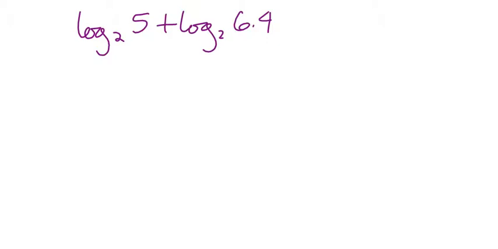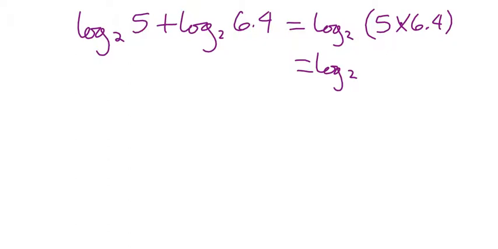But the laws of log say that this is the same as the log base 2 of what? 5 times 6.4. Just use times. And what's 5 times 6.4? 32. And what's the log base 2 of 32? 5.